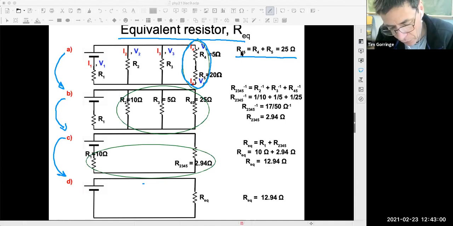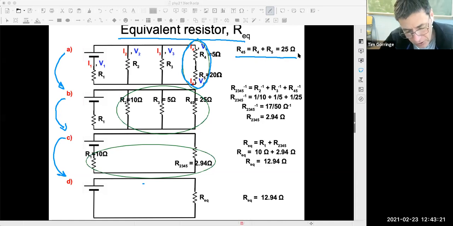So R45 is the single equivalent resistor I'm going to replace R4 and R5 with. And because they're in series, R45 is just the sum of R4 and R5. R4 is 5 ohms and R5 is 20 ohms. So we get 25 ohms. And so that's the first step that I made.